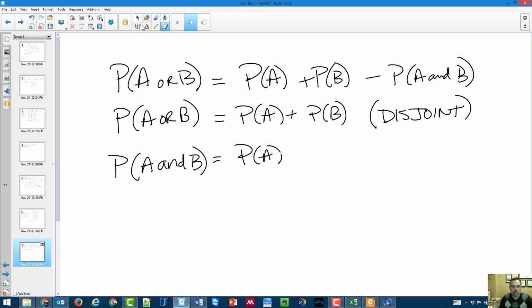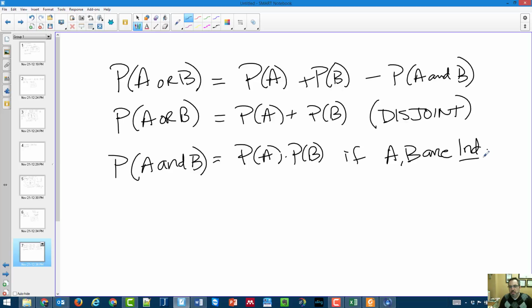But again, that multiplication assumes that A and B are independent. Otherwise, the probability can be affected. You just have to do the actual measurements. But mathematically, if they're independent, we can just multiply them together to be able to figure out all of these things. So those are the three main ones that we have in the first part of chapter 12.